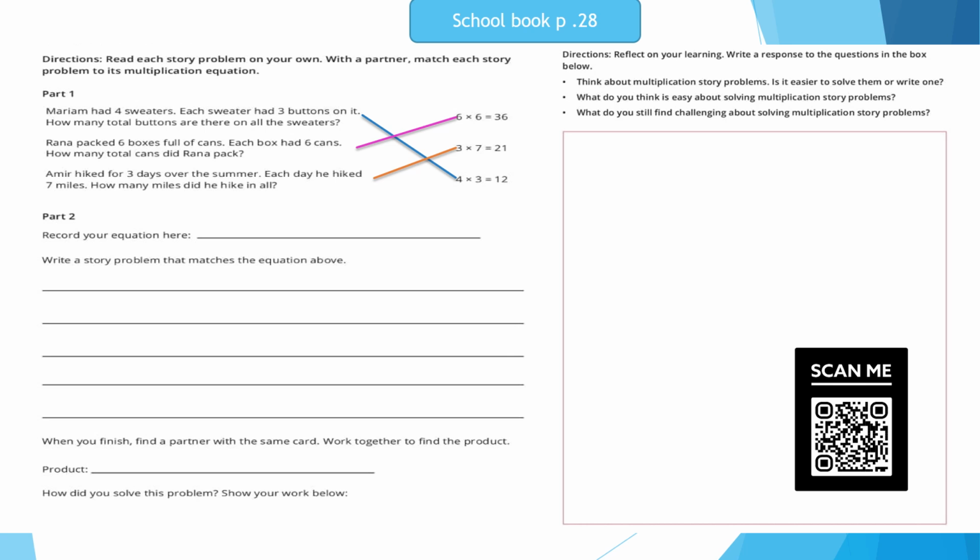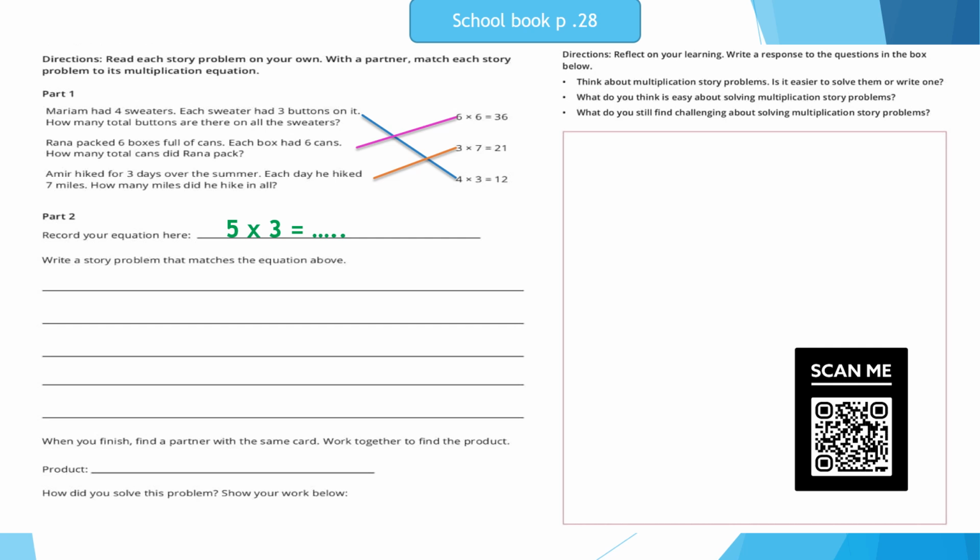Now, write a story problem that matches the equation above. We will write an equation here in part 2, and write a story problem to match it. The equation will be 5 times 3. I can put any equation; this is what I choose.